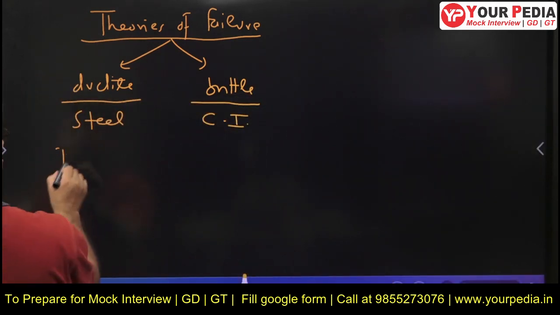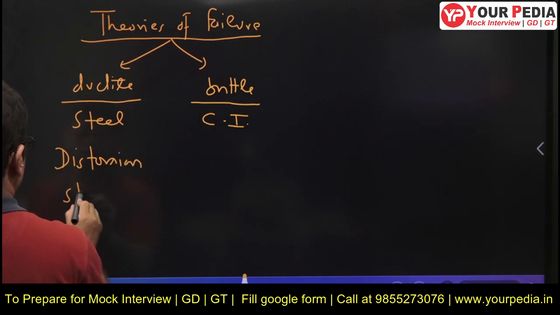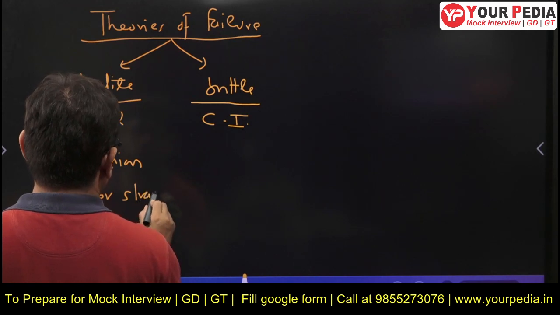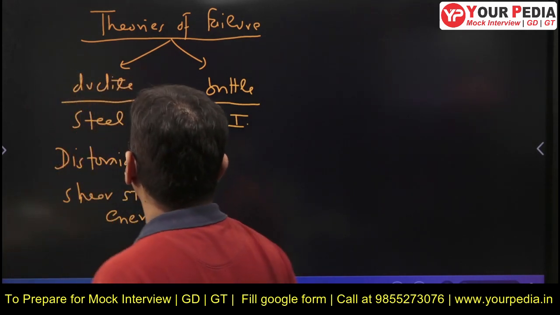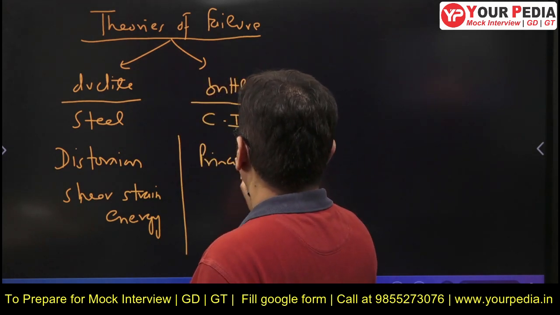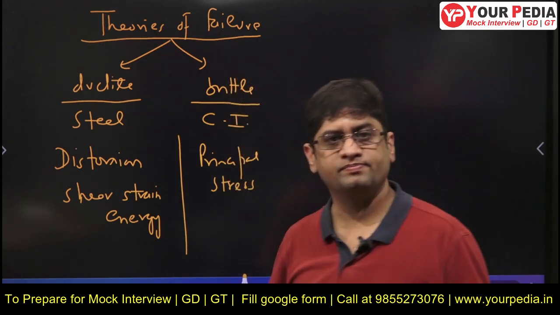Distortion theory or shear strain energy theory can be used for ductile material, and principal stress theory can be used for cast iron.